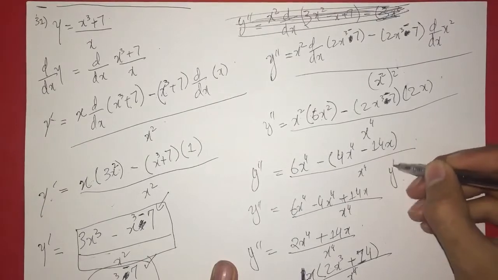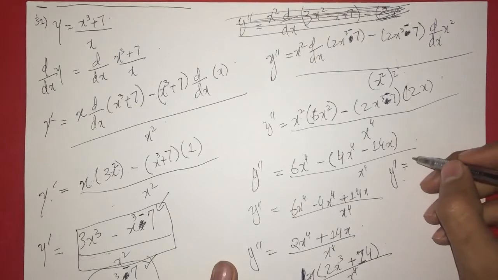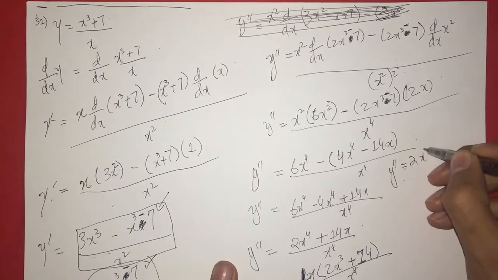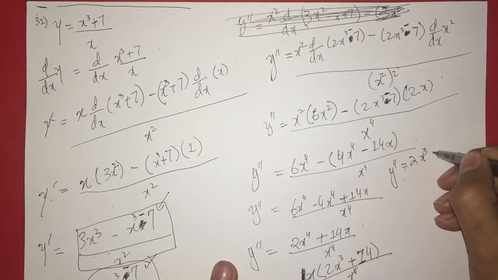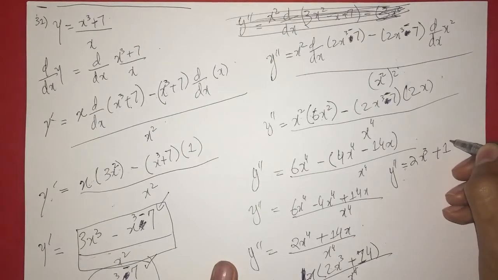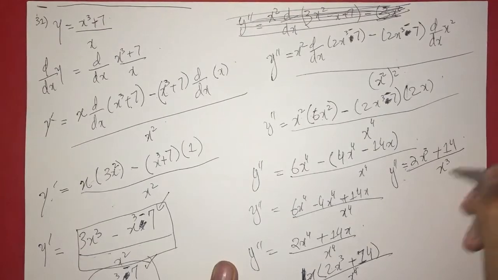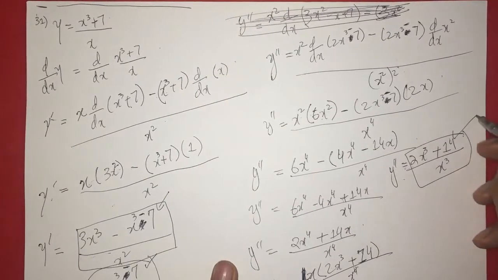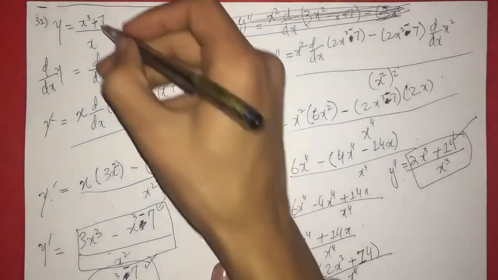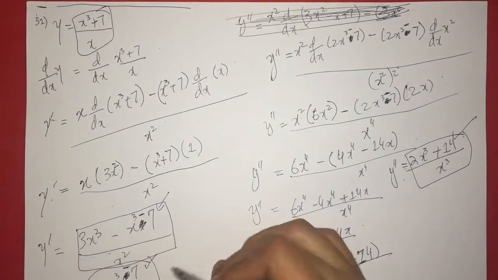So you are going to get y double derivative is equal to 2x cubed plus 14, divided by x cubed. So this right here is the double derivative of the function y equals x cubed plus 7.